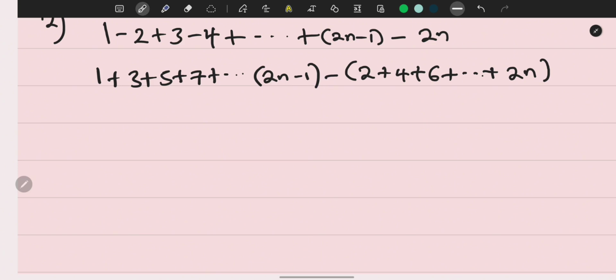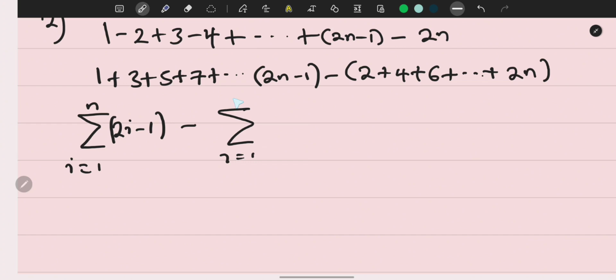You get it now? So now we can write this to be the summation i from 1 to n of 2i minus 1. So you are not going to use n here again, because we are representing this in terms of i to n. Then minus, this can be written as the summation i equals 1 to n of 2i.